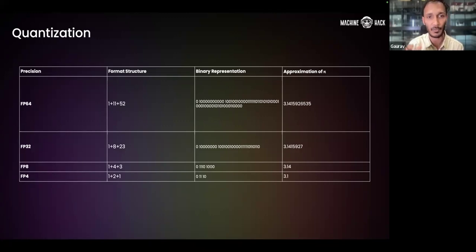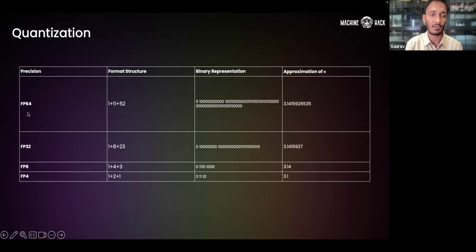The first approach to discuss is quantization, to compress the model size. What is quantization? To quickly give you an overview, quantization is for numerical data. In the case of large language models, the weights and parameters, we are reducing the precision of them. Here you can see different approximations of pi.